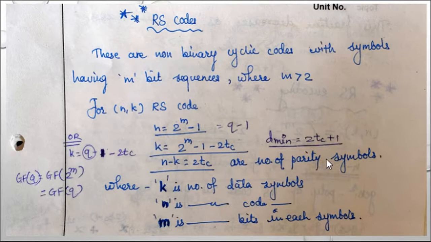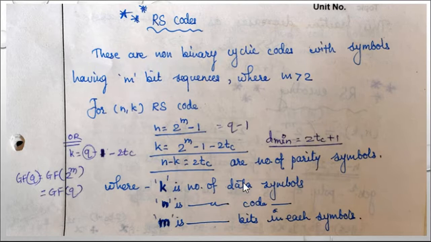Ultimately, n minus k is the number of parity symbols. Since all these are subclasses of LBC, the same equations which we used for the LBC are used here also. So dmin will be given by the expression 2tc plus 1.